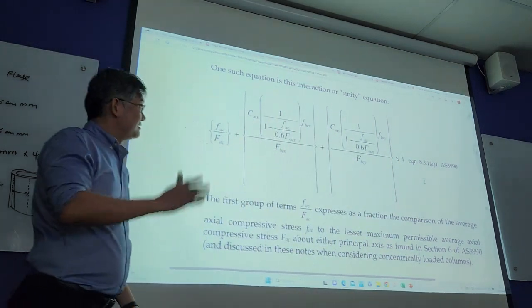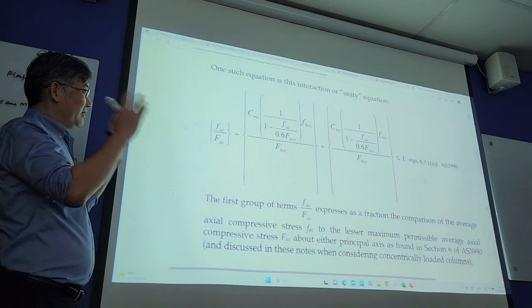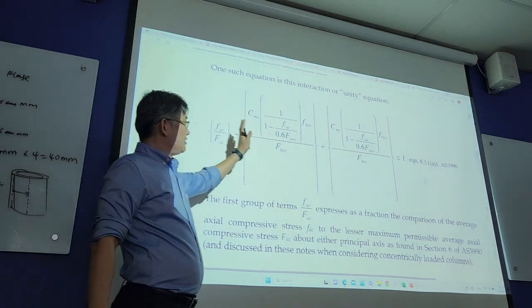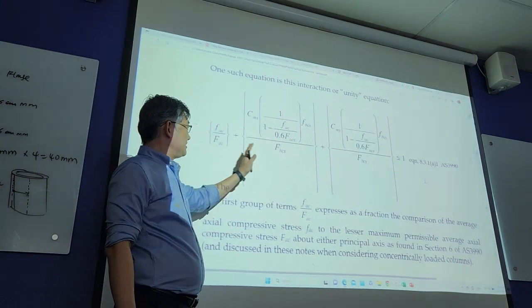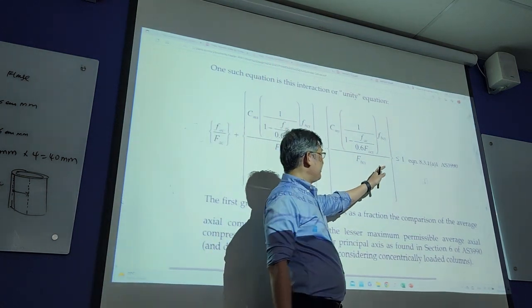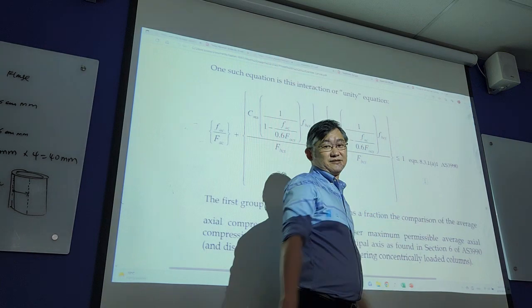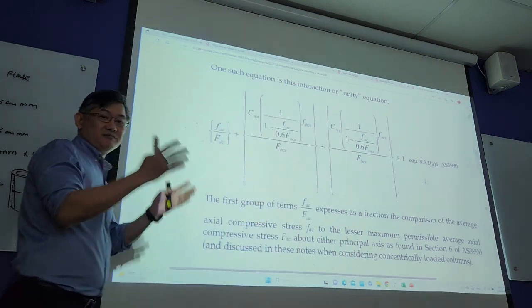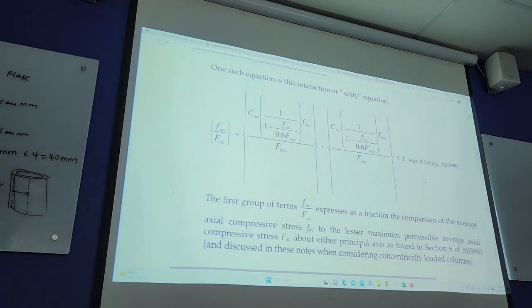The whole idea of the unity equation is to find a quick way to add up these three portions: compressive stress, bending stress on the x-axis, and bending stress on the y-axis. Not greater than 1 means our design column is safe to hold the weight of the air vessel.